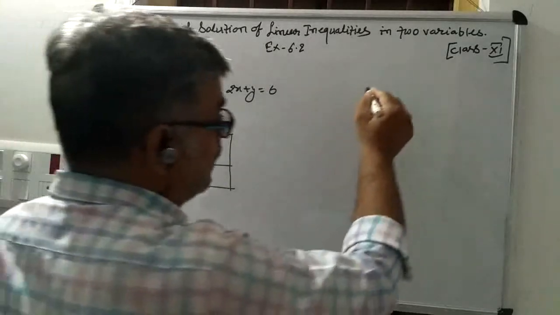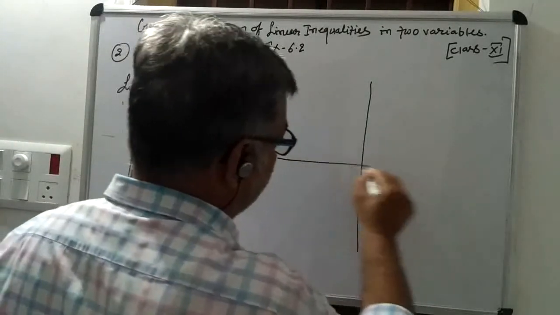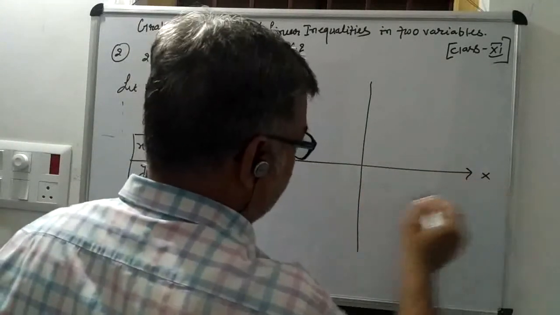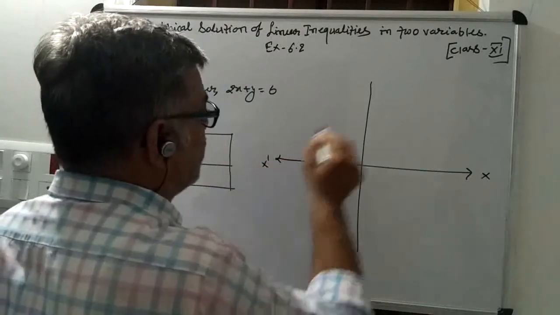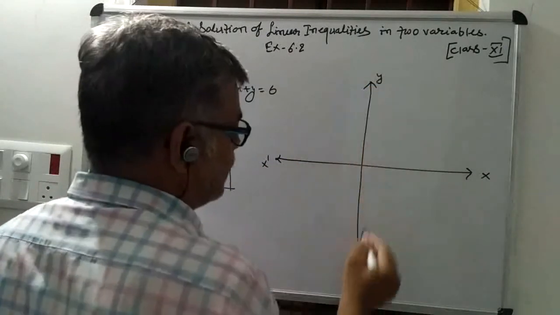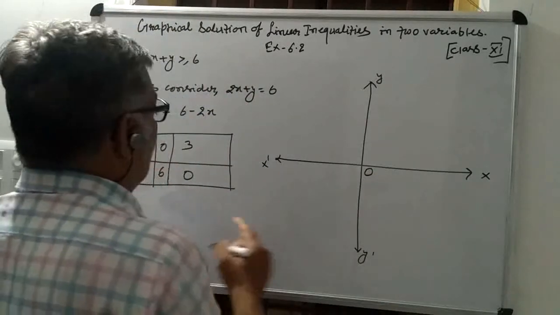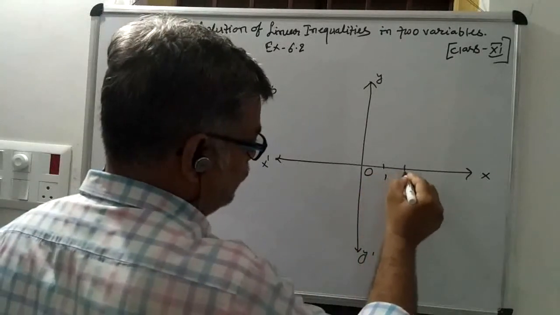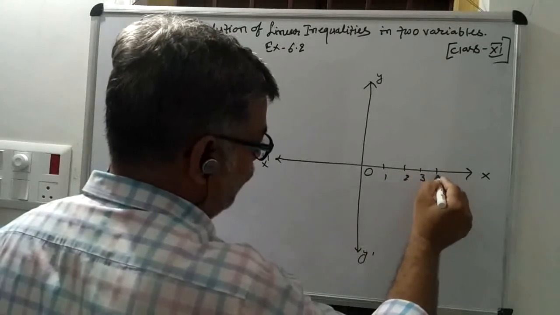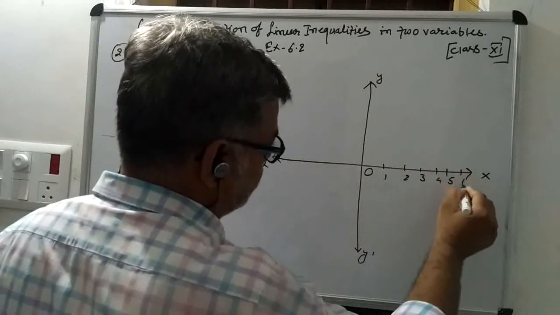So now it is enough. Now you draw the graph of this equation. Suppose this is your x-axis, this is your y-axis, this is your origin. On the x-axis it is 1, 2, 3, 4, 5, 6.